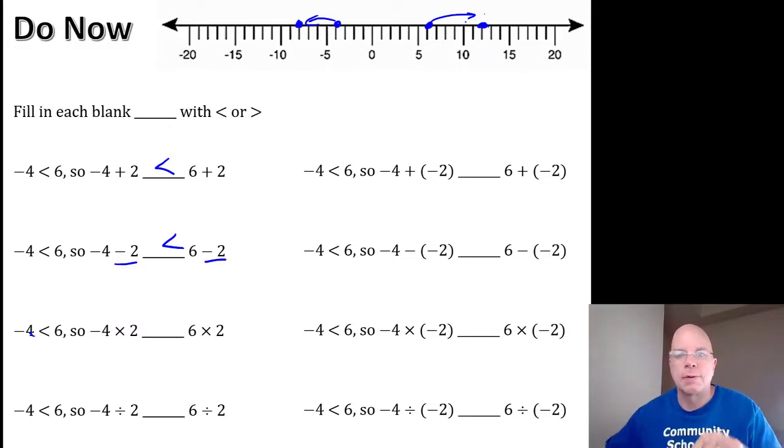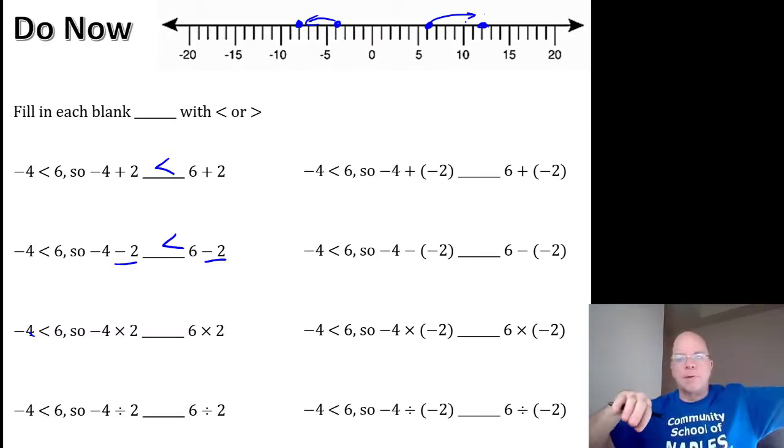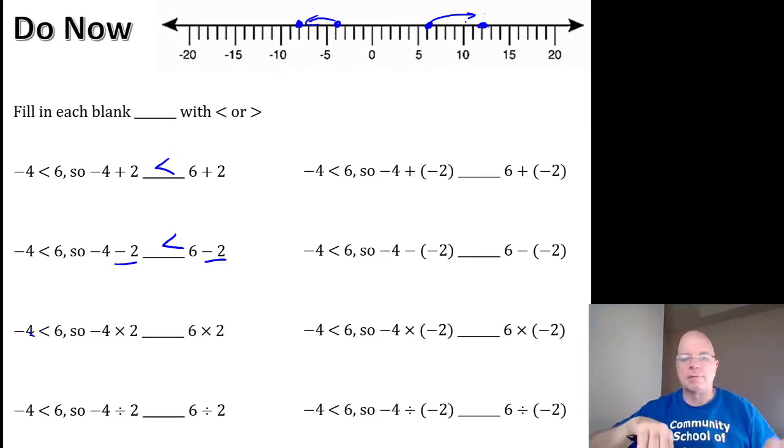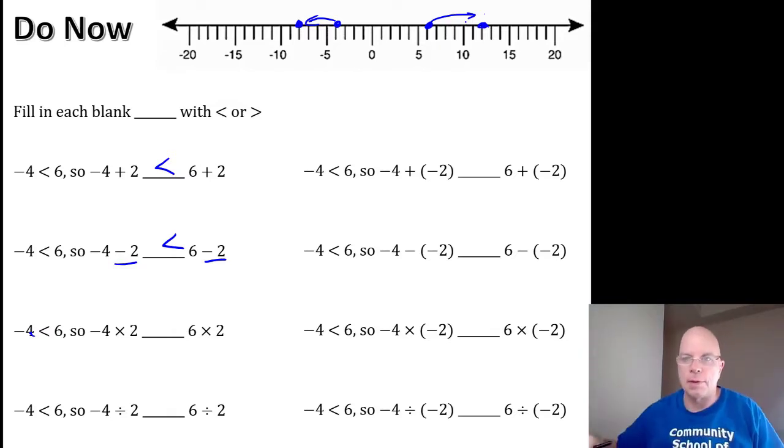So it ends up here. So they're moving in opposite directions. They're being doubled, but if you double a negative, it's just further negative. It's more of a debt, if you want to think of it as a debt. If you double a positive, it just goes further in the positive direction.